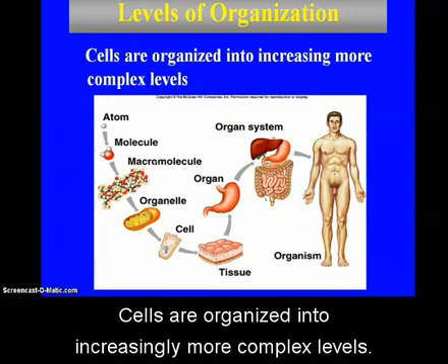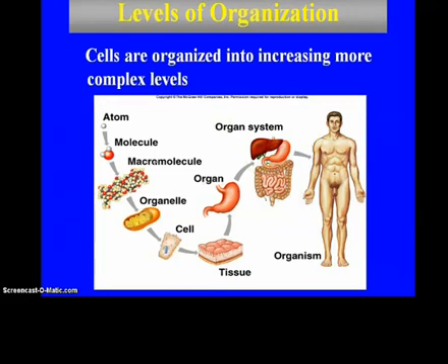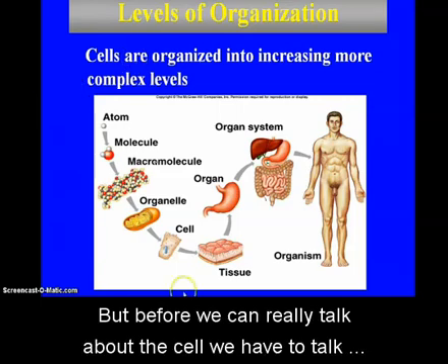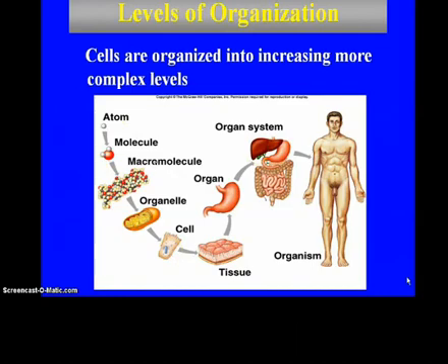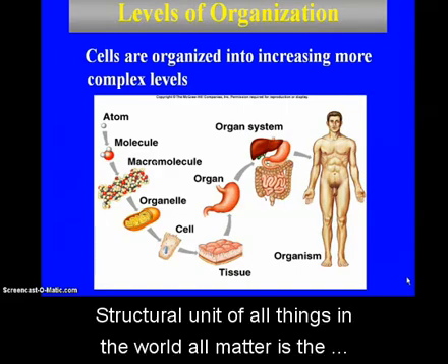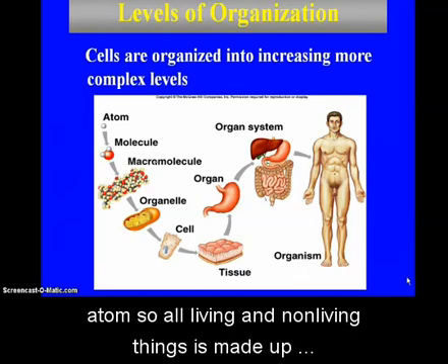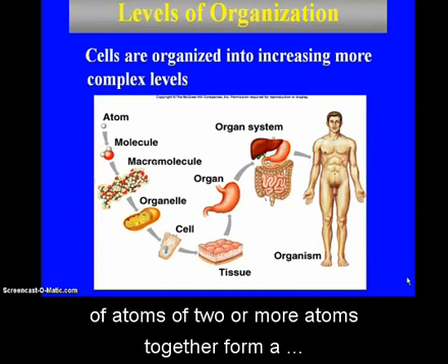Now, cells are organized into increasingly more complex levels. But before we can really talk about the cell, we have to talk about what the cell is made of. The basic structural unit of all things in the world, all matter, is the atom. So all living and non-living things are made up of atoms.